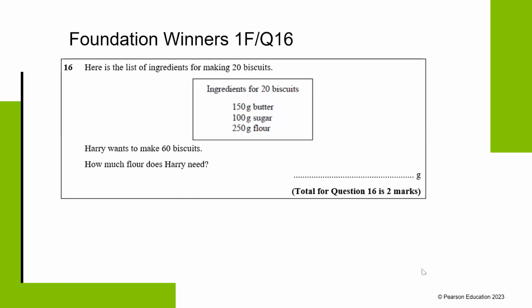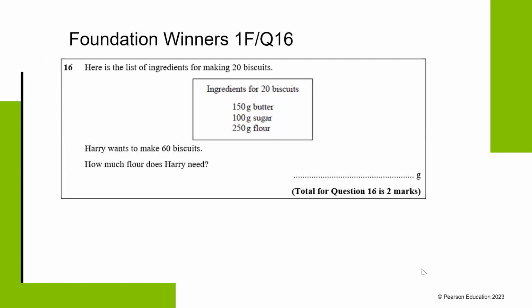But I wanted to pick out this question because it was important to note that so many students were wasting their valuable time by working out all of the ingredients required to make the 60. And you know, that it's 2 marks, that rule of thumb, 2 minutes, 2 marks, for example, and students were just getting lost and bogged down in all of it.